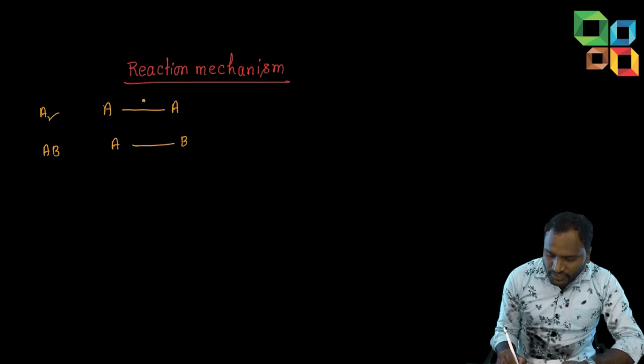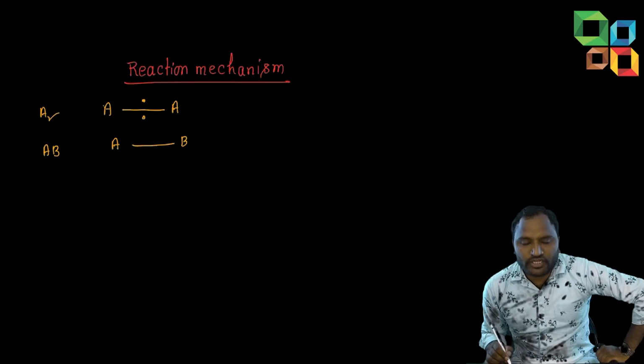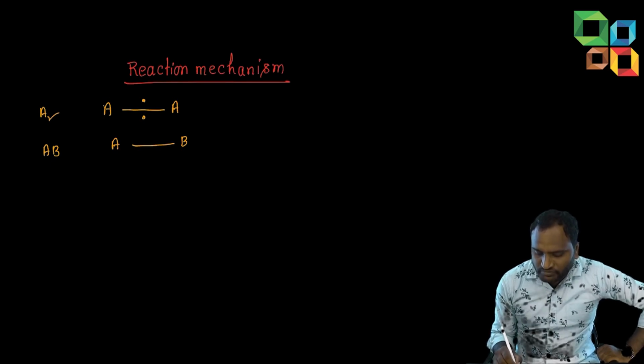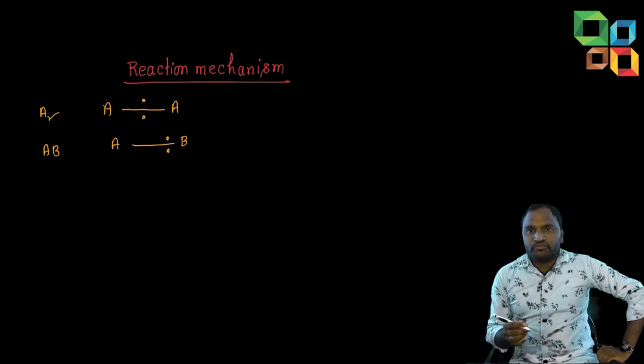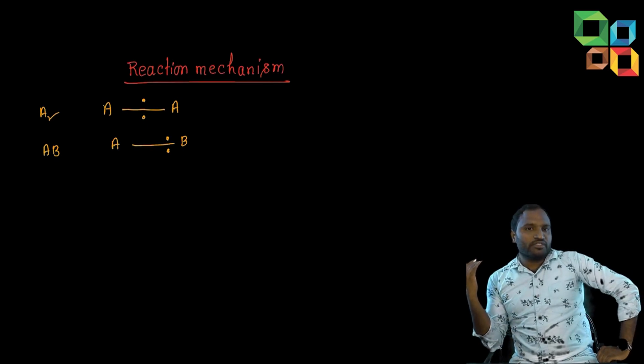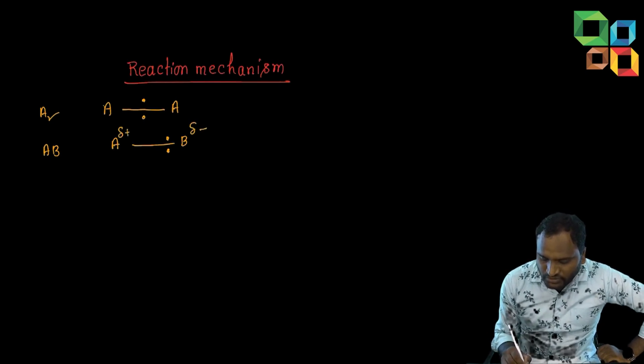Here, the bond is formed by two electrons, right? Equal contribution of electrons. If both are identical atoms, this bond pair of electrons will be at the center. If both are not the same, one will be more electronegative and the other less electronegative. So electrons will move towards the more electronegative atom. Then one will get a partial negative charge, and another will get a partial positive charge.